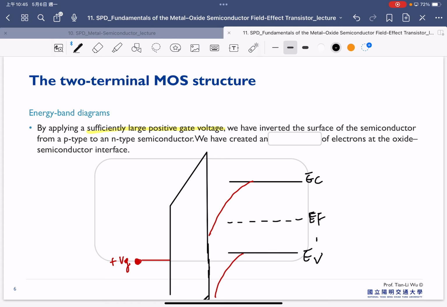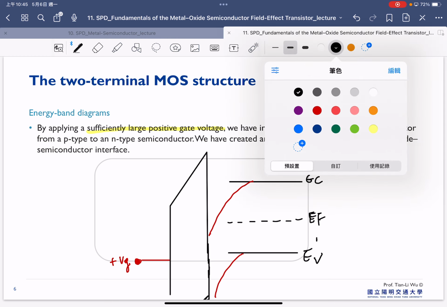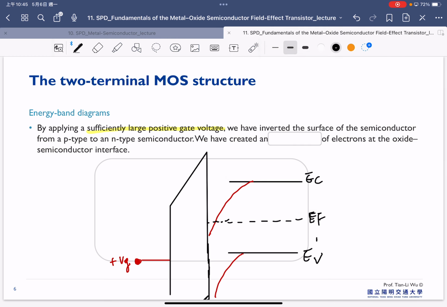So anyhow, the idea is to illustrate that once you have a large enough gate bias here, your EF starts to exceed your conduction band. That means you have very strong electrons in this region.